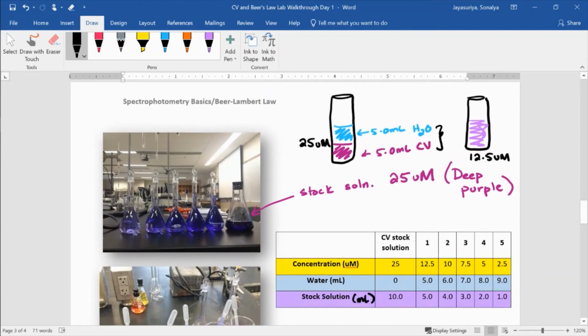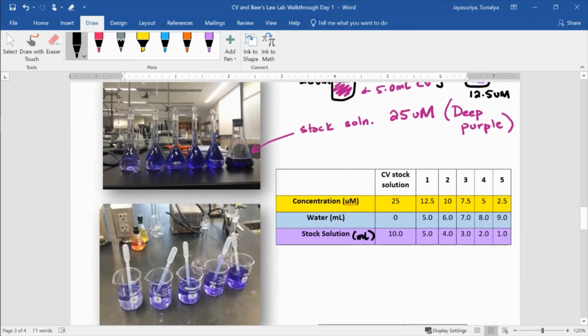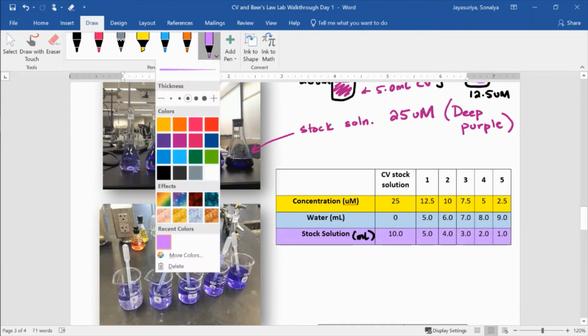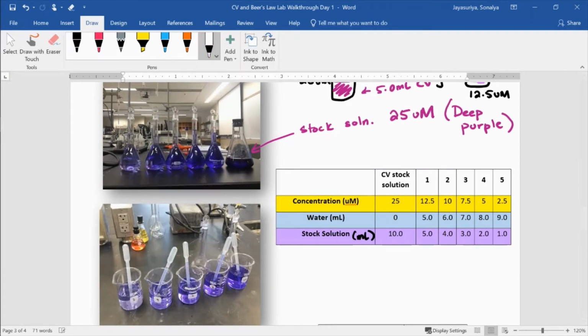Now, you do this 5 times to get 5 different solutions of varying colors, which is what is shown here actually. 5 different solutions. So this is the 25 micromolar. You can see it's the deepest purple color. It's a stock solution. You can tell from the color changing. This is 12.5. This is 10. This is 7.5. This is 5. And this is 2.5.